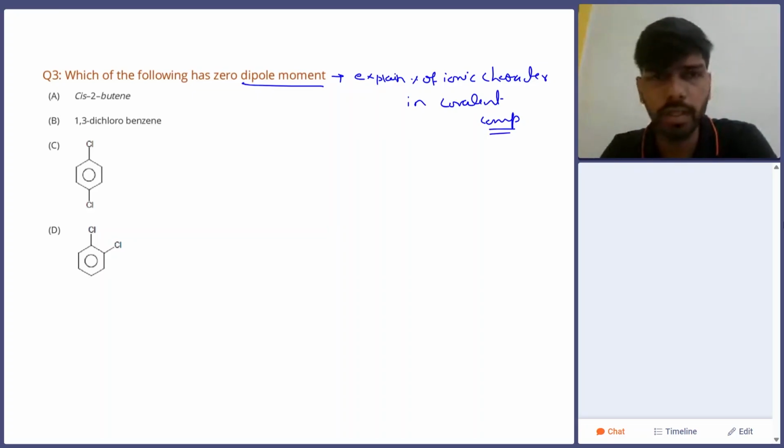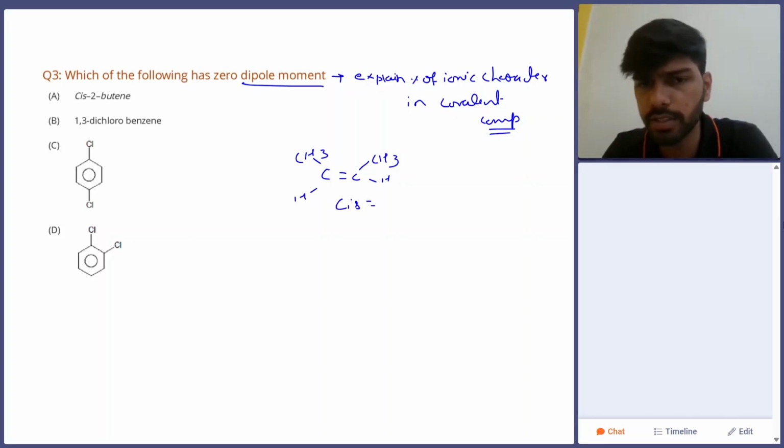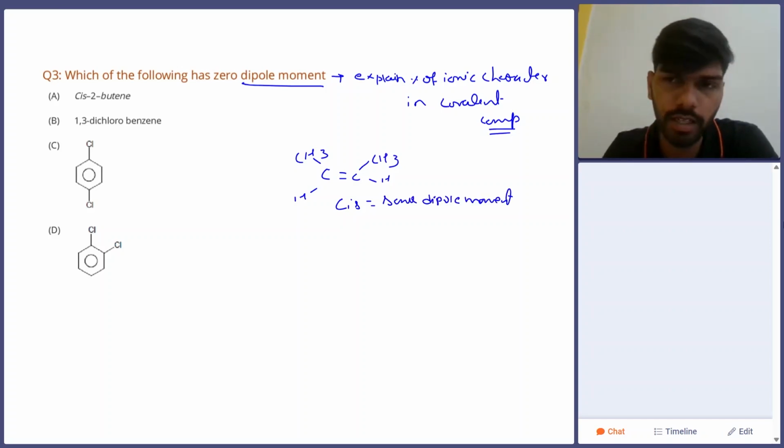So cis-2-butene, if you look at it here, carbon double bond, will show dipole moment. Generally cis compounds show dipole moment. But trans, if I write trans-2-butene, has zero dipole moment. So remember it.